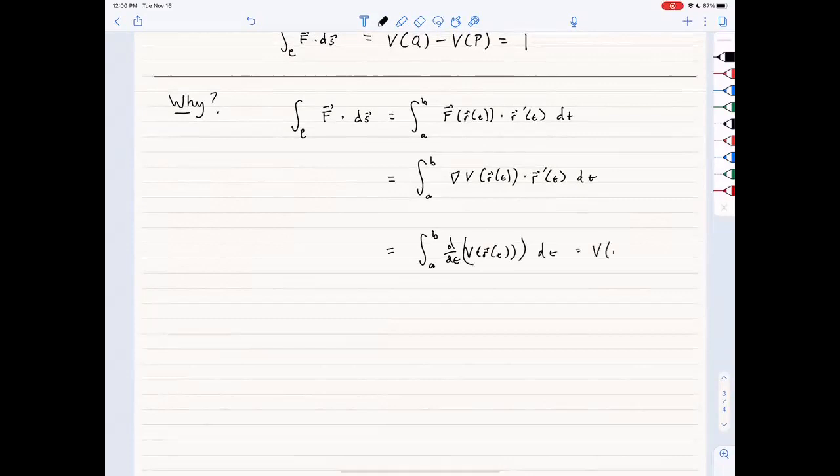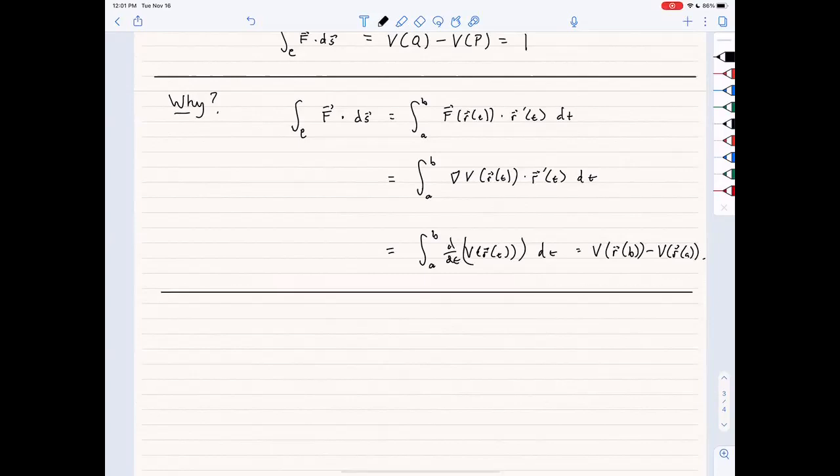That's v of r(b) minus v of r(a). So it's nothing really new, except maybe the use of the chain rule in many variables. That's why. It's a miracle, but it's a miracle because the fundamental theorem of calculus is a miracle.